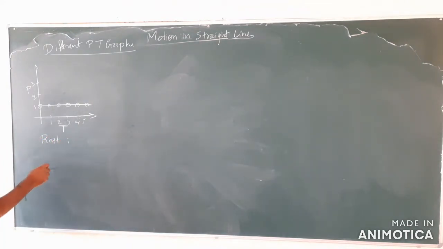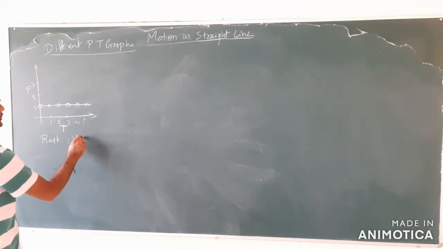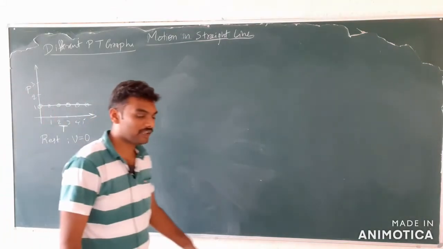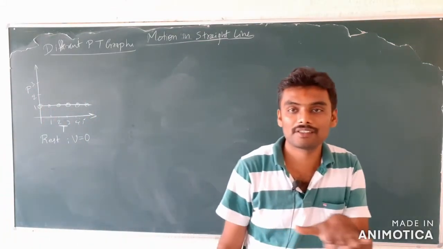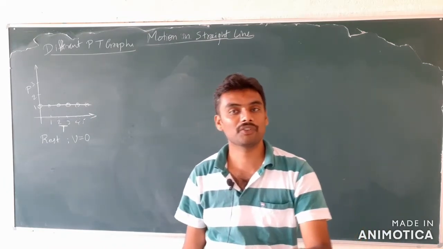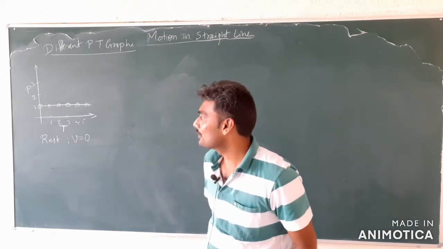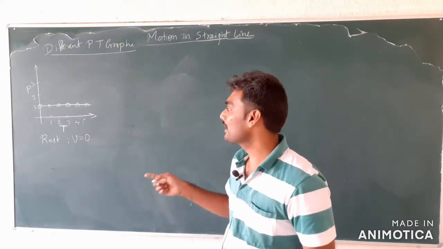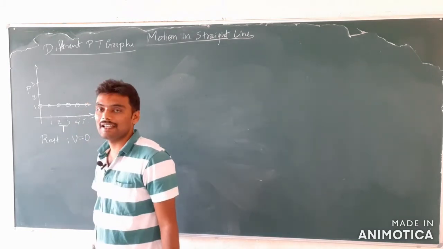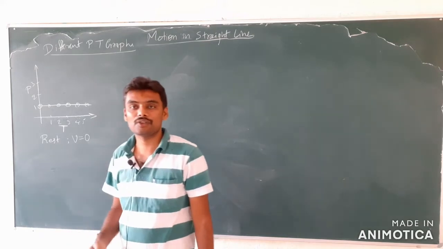In other words, we can say velocity of the body is 0. When the velocity is 0, the body stays at rest. That is about the first PT graph, which is a straight line parallel to the x-axis, which means the body is at rest and velocity is 0.